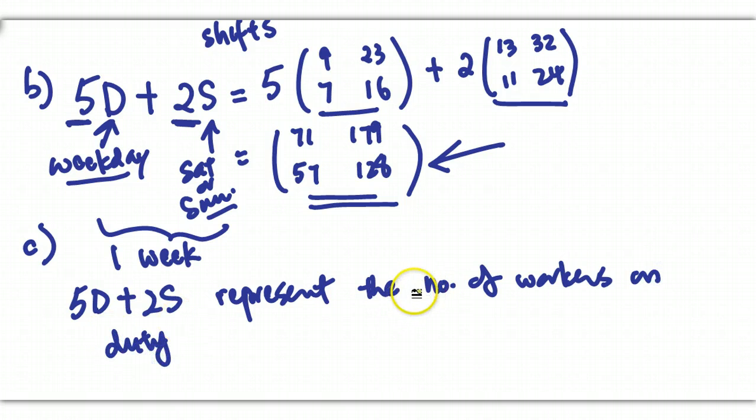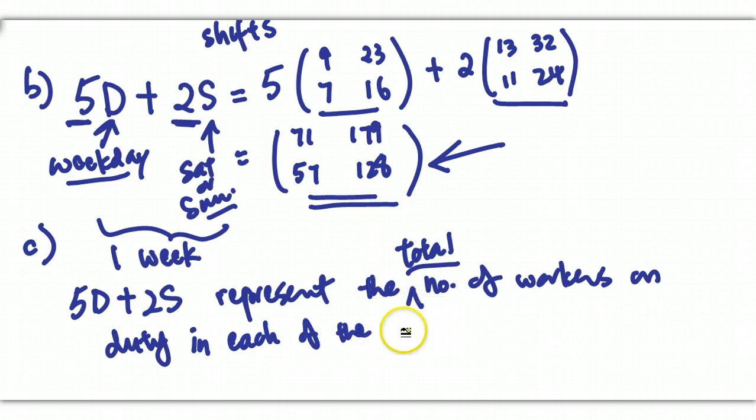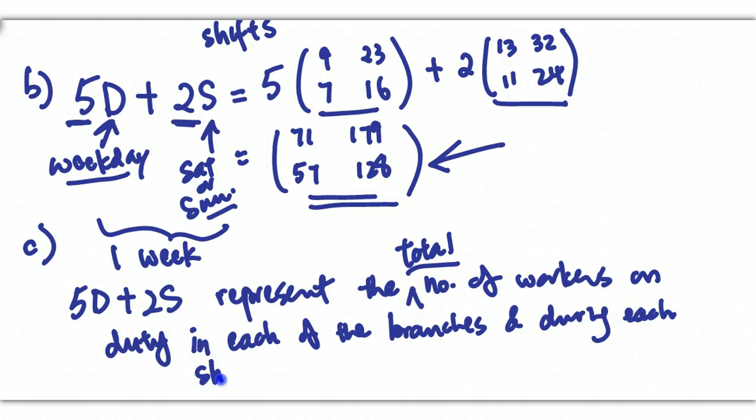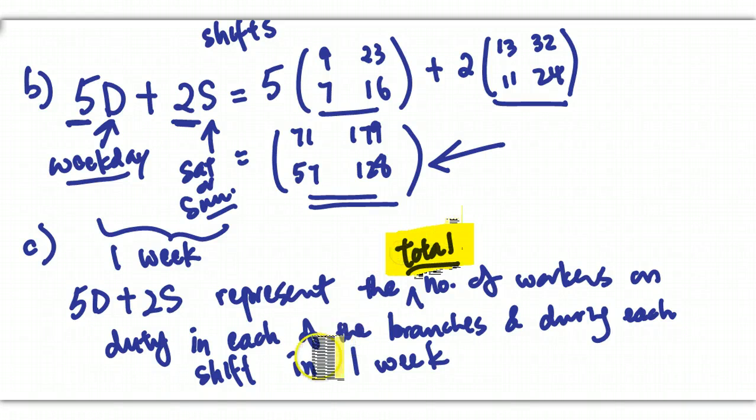In fact, the keyword here is it will be the total number of workers on duty in each of the branches and during each shift in 1 week.